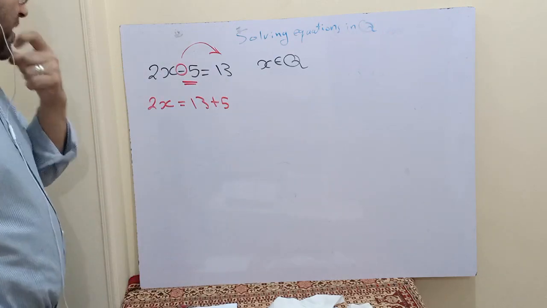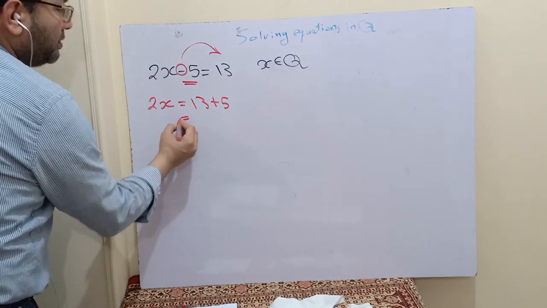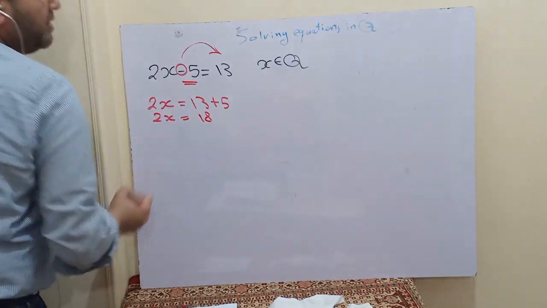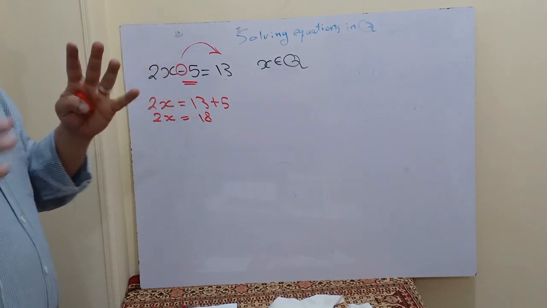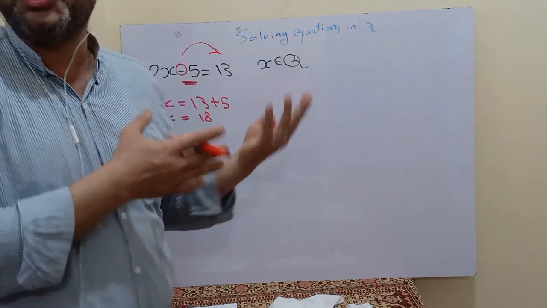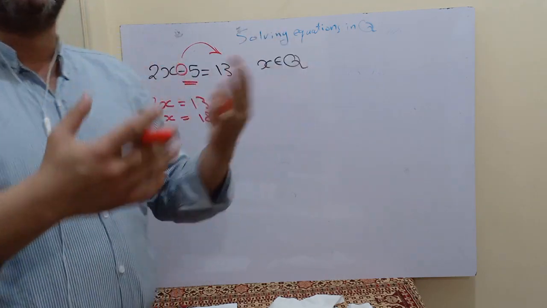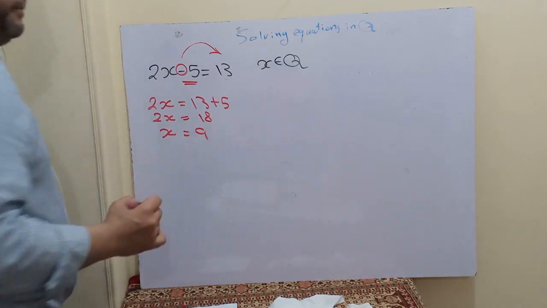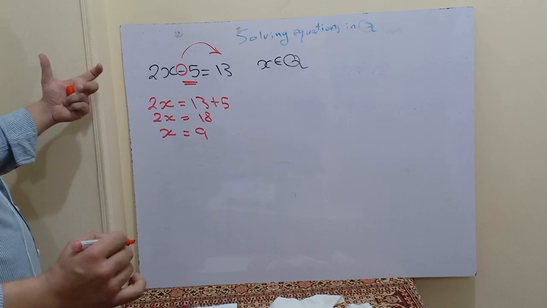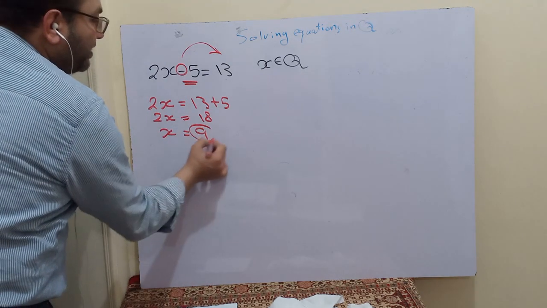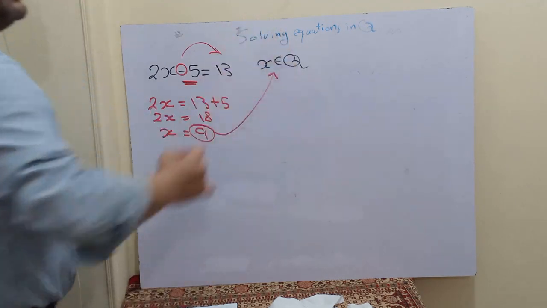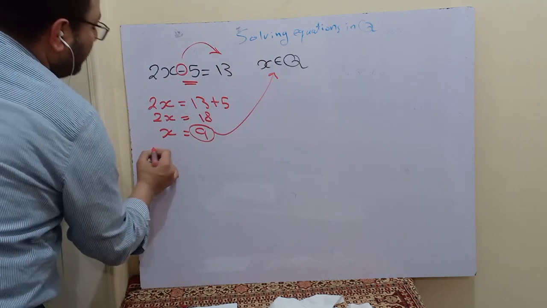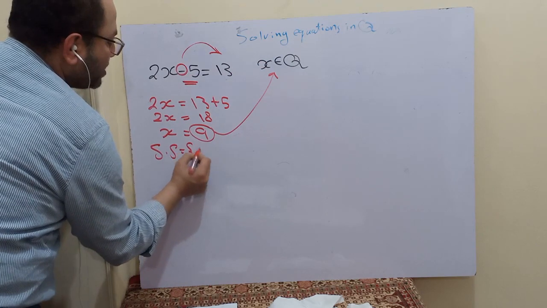Then 2x = 13 + 5 = 18. We can divide both sides by 2: 2x divided by 2 equals x, and 18 divided by 2 equals 9. After getting the value of x, look at the substitution set. 9 belongs to Q, so the solution set of this equation is {9}.